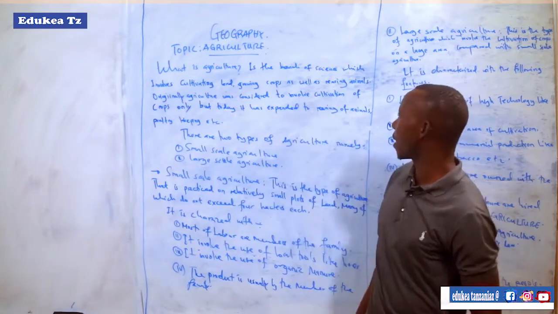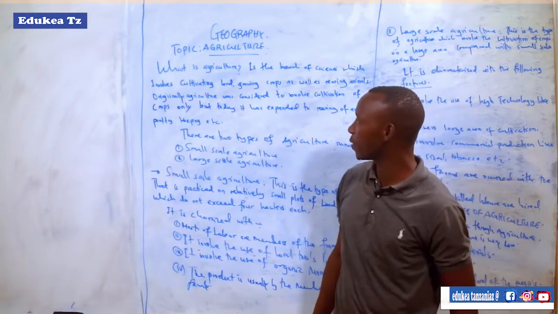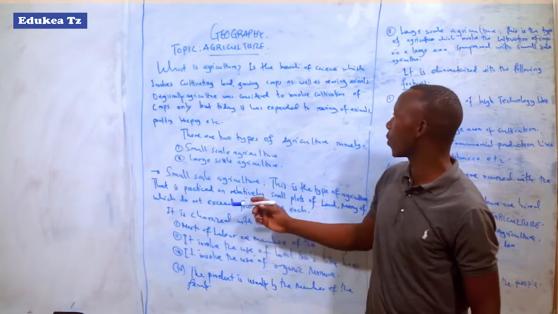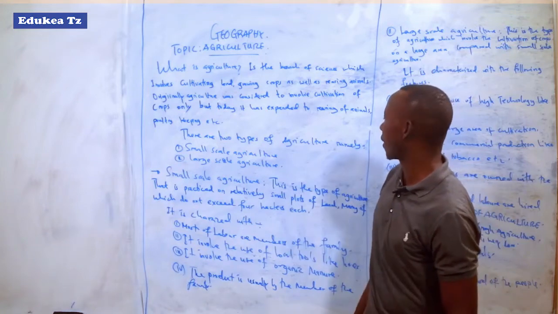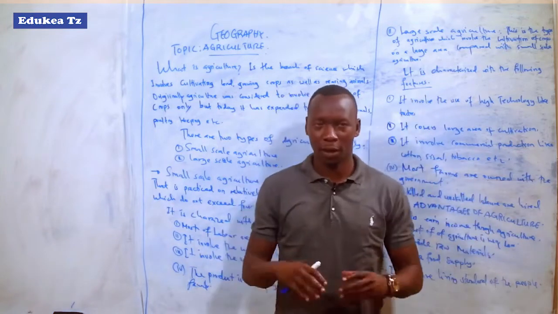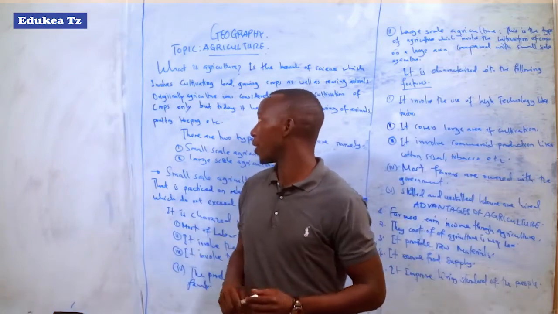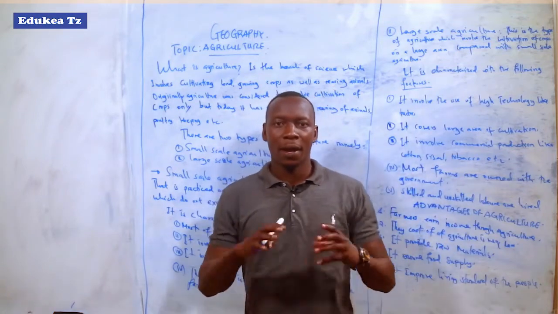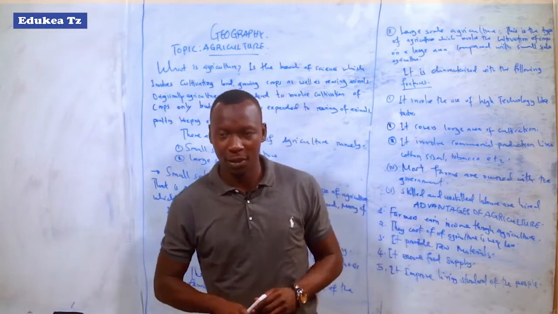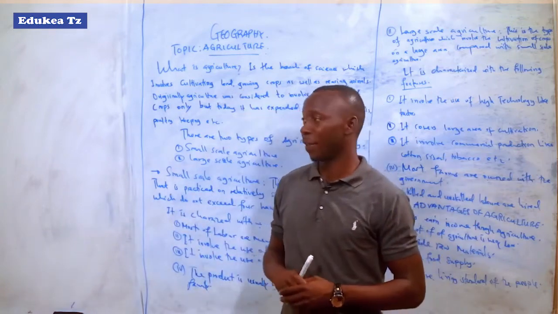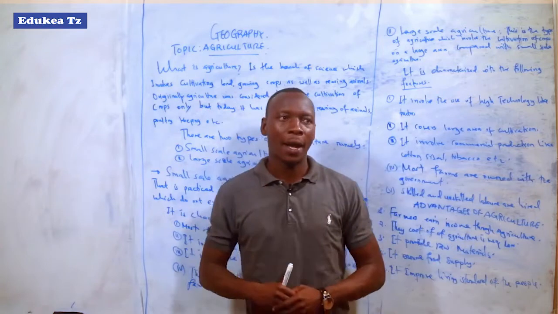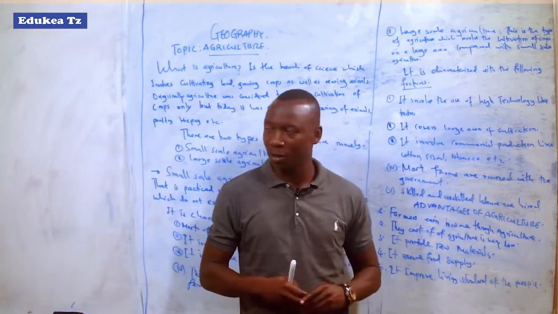Agriculture is a branch of science which involves cultivating lands, growing crops, as well as rearing animals. In brief, we could say agriculture is the cultivation of crops and rearing of animals on a certain piece of land or a part of the land.